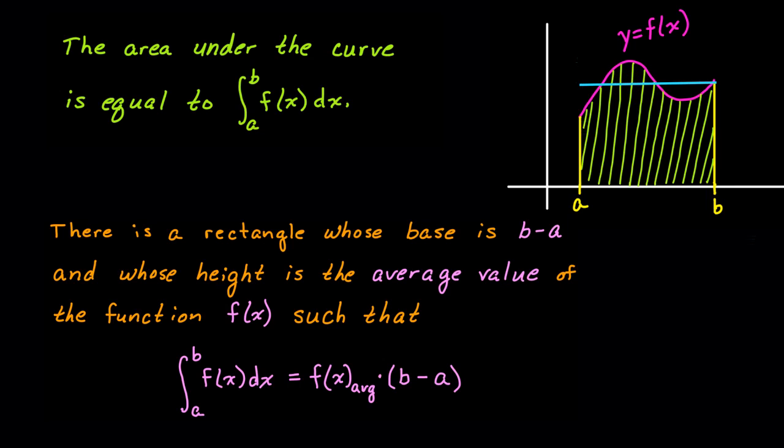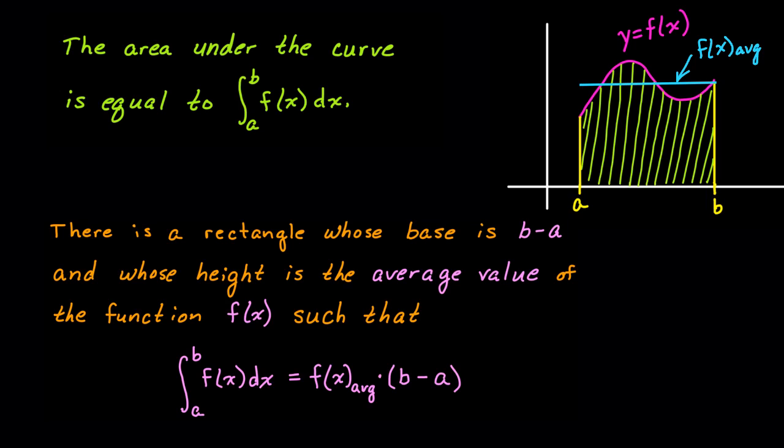If this area plus this area equals this area up here above the blue line, then the area of my rectangle would equal the area between the curve and the x-axis. Now this blue line is going to be the average value of f of x. That is the average value of your function.